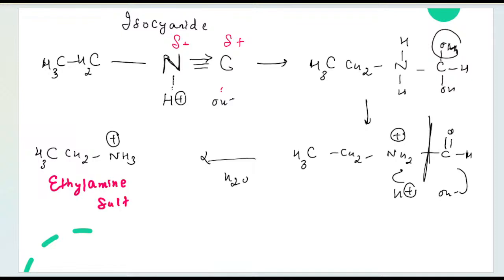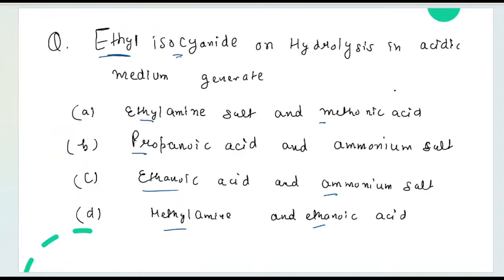Because of the positive charge on this ammonium. And the other one is HCOH, so what is it? It's methanoic acid simply. So the correct answer for the question is ethylamine salt and methanoic acid. According to the question, option A is the correct answer here.